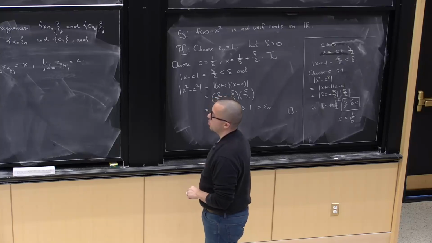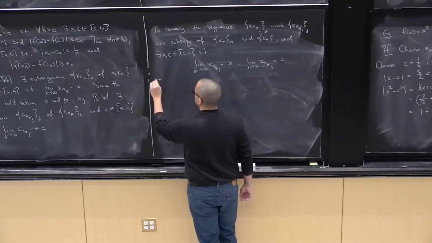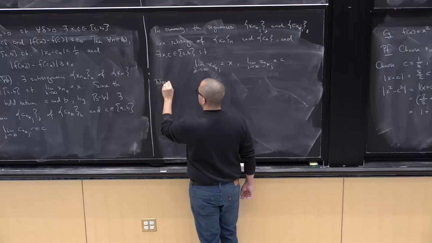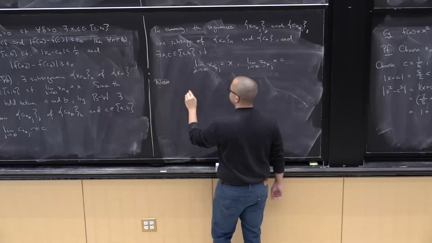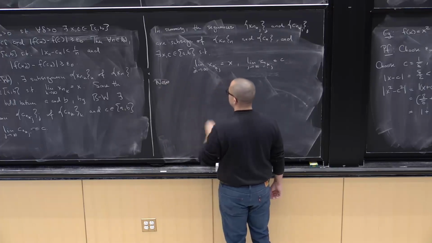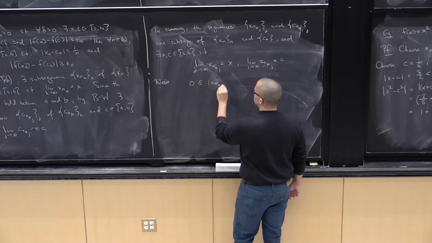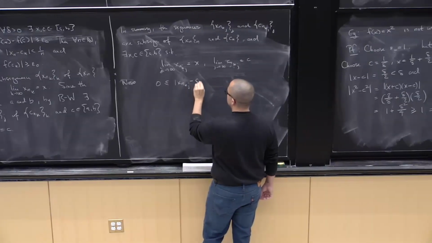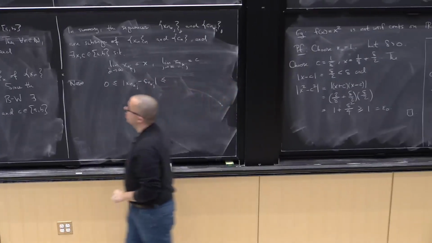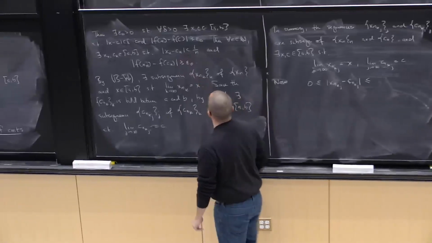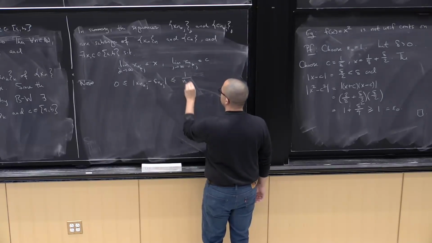Now, I claim x equals c. Now, 0 is certainly less than or equal to |x_{n_{k_j}} minus c_{n_{k_j}}|, which, by how we've defined these sequences, is less than or equal to 1 over n_{k_j}.